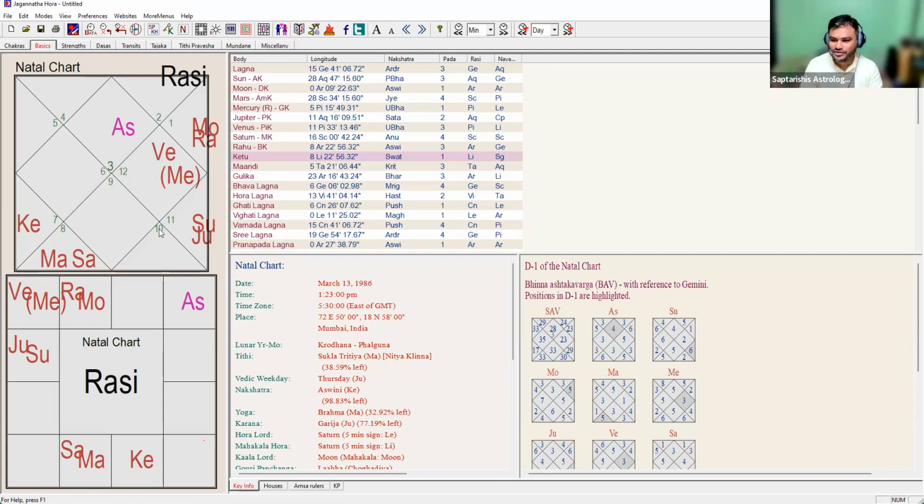That is not possible here. So the basis of making that statement was the dispositor theory. So basically, Ketu will give some of its karakatwas to Venus, wouldn't it? So that was the source of my conjecture. Yes, Karakatwa can be good, but Karakatwa is never bad or good. Karakatwa is Karakatwa only. It is never categorized into bad and good. It depends on how you are using it.